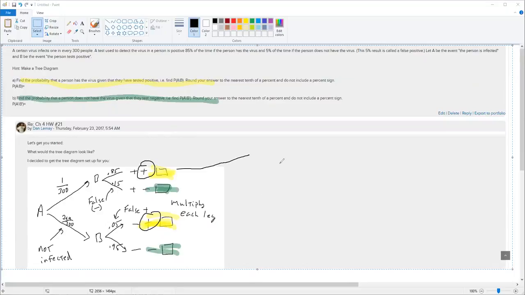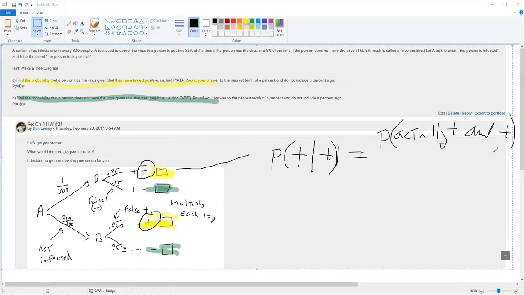So if you think about that conditional probability, the formula says the probability of actually positive and they tested positive. I'm going to run out of room writing, so you're going to have to just pay attention to the voice, I guess. I'm sorry. So that's the and, over the probability that they tested positive.